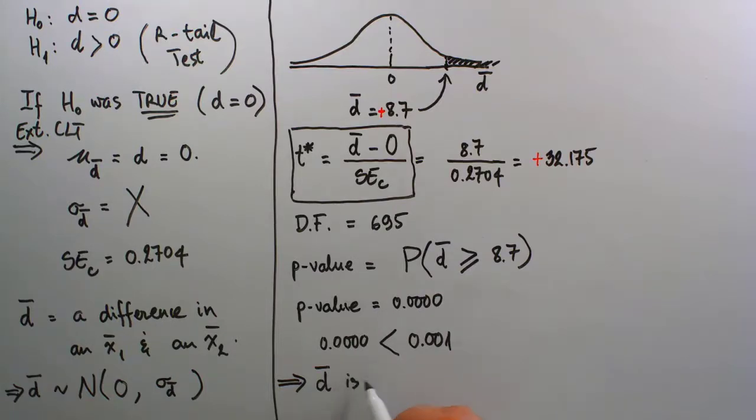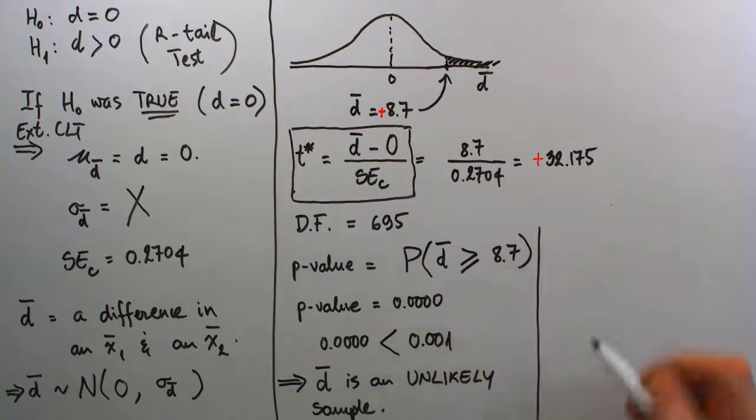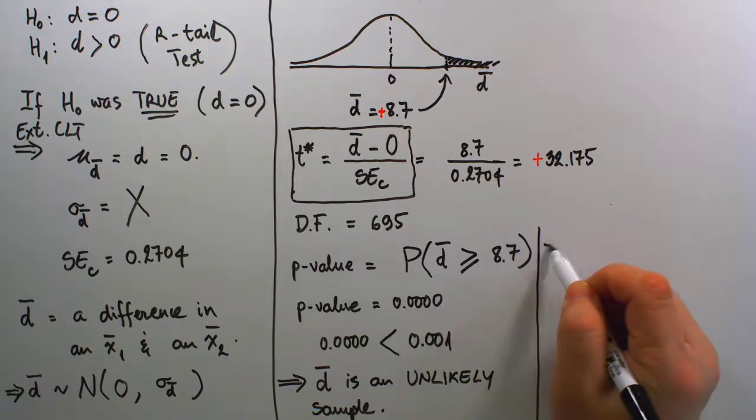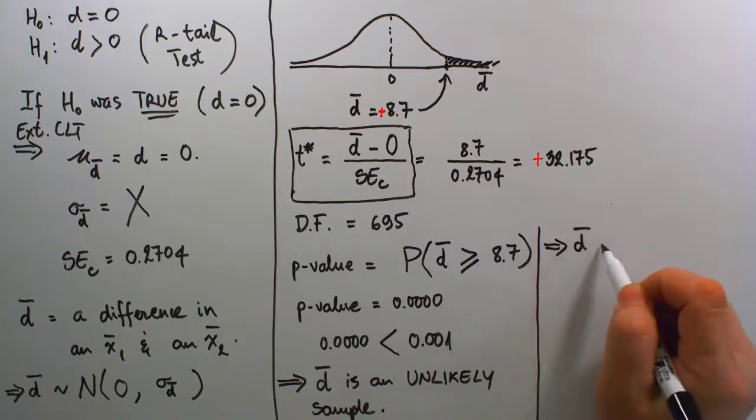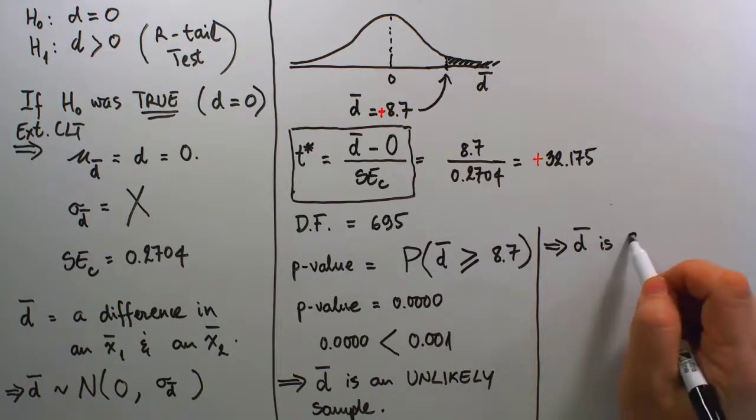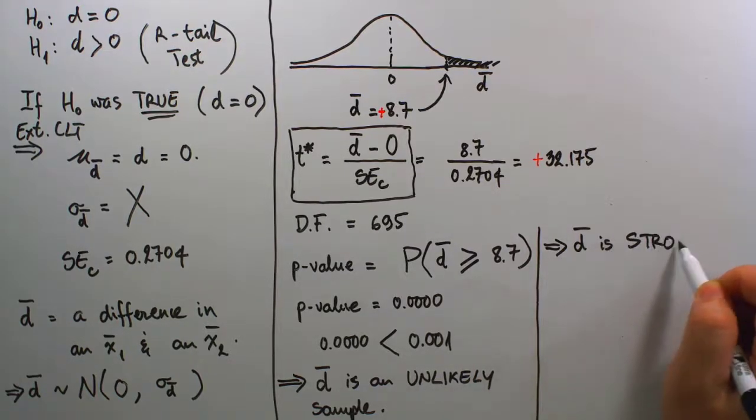is an unlikely sample. And being an unlikely sample leads to d bar itself showing strong evidence.